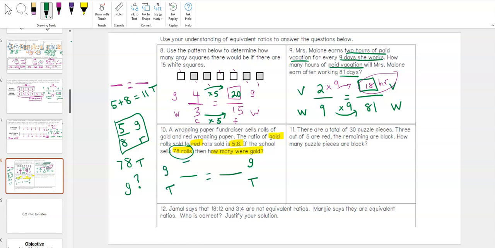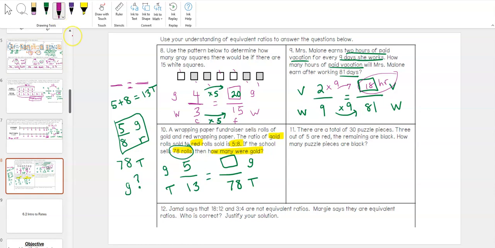So I originally had 5 gold and 11 total. Oh wait, not 11. I totally did my math wrong. That's 13. 13, that makes more sense. Okay. In the future, we're going to sell 78 rolls, and we need to predict how many will be gold if the ratio stays the same.